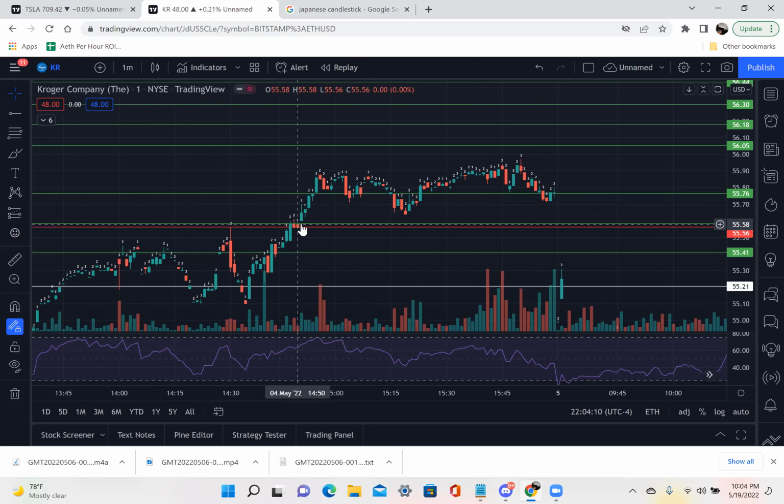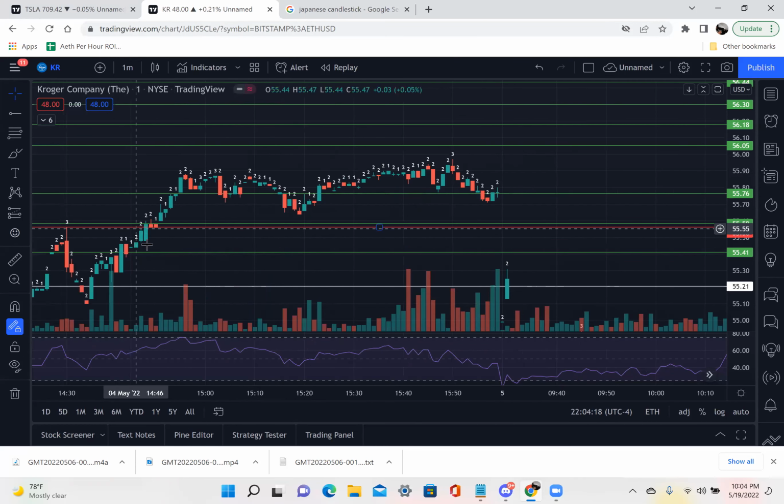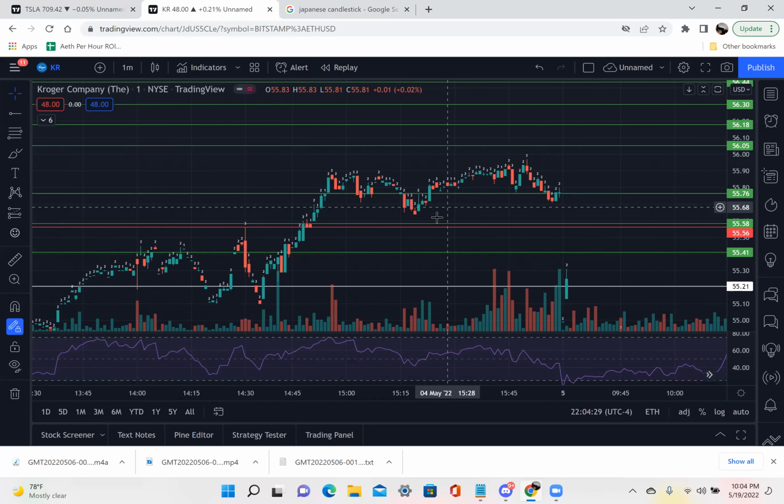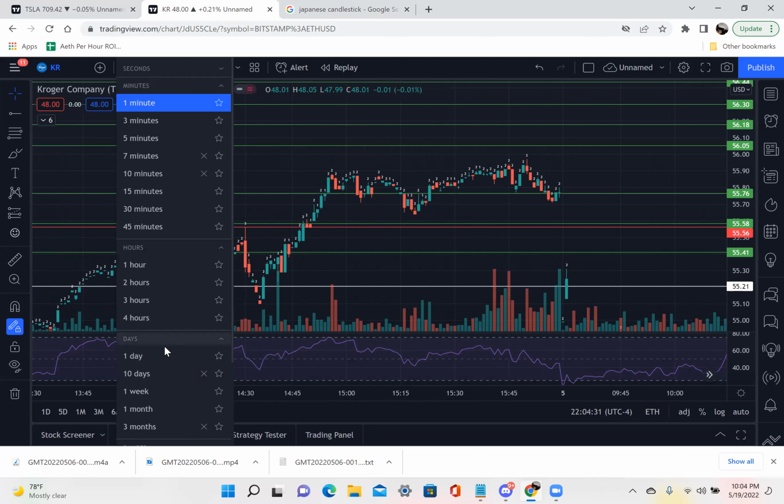Bull flag right there, breakout. So when you're on the 1 minute, these patterns will look different. They're not going to look different, they're just going to happen quicker, right? Somebody would have seen that and would have been like, that is not a bull flag. That is a bull flag, my brother. It's just on a 1 minute time frame. Pull, flag to the side, breakout, right? So that's another way that you can trace.